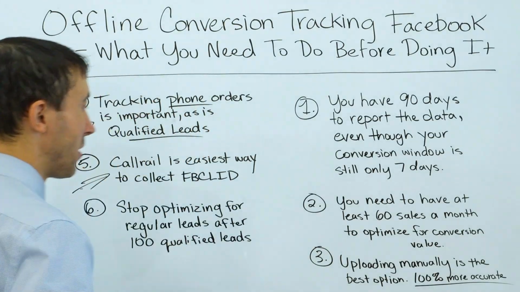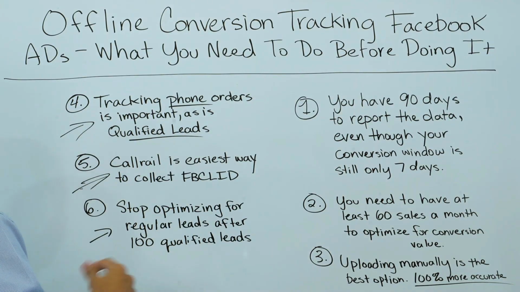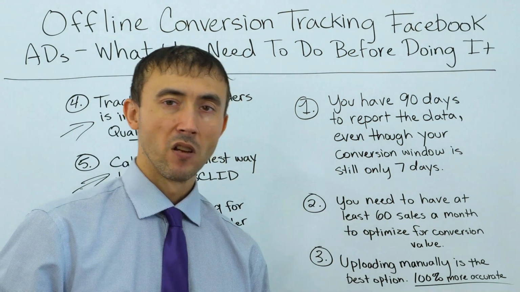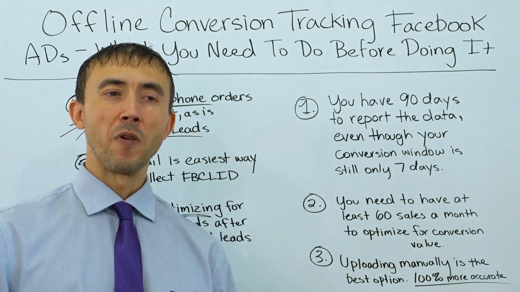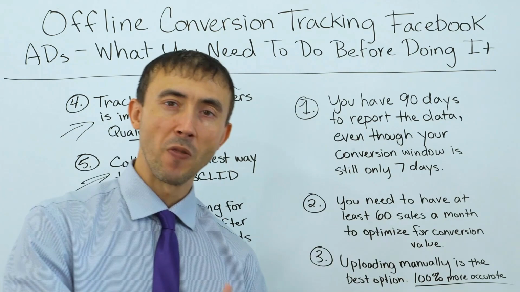So getting back to what I was saying here, the sixth thing I wanted to mention about offline conversion tracking on Facebook, if you're going to do it, is you should stop optimizing for regular leads after about 100 qualified leads, as per what I found. That's enough data for Facebook to actually get a boosted performance, switching from optimizing for one thing versus the other.